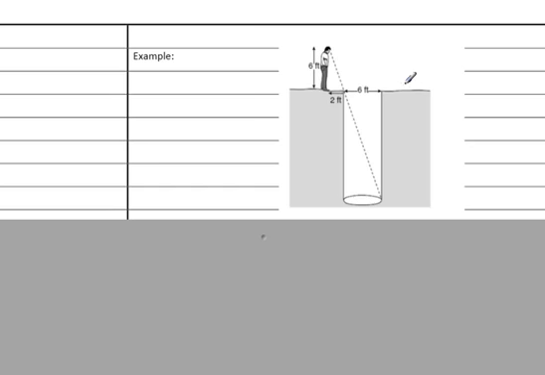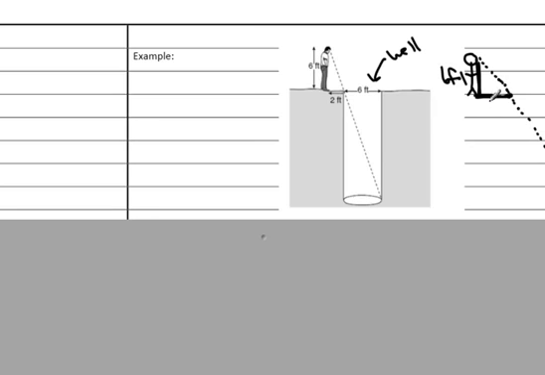Okay, so when you draw this next example, you can just draw a stick figure, and you want him to look like he's looking downwards. And this part will represent his height, which is 6 foot. This represents how far away he is standing from, we're going to say this is a well.